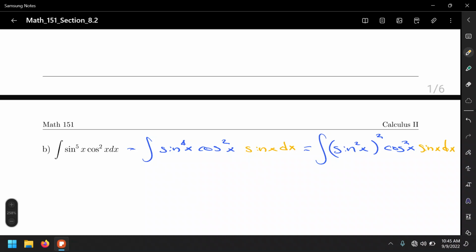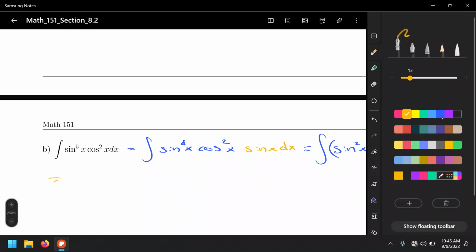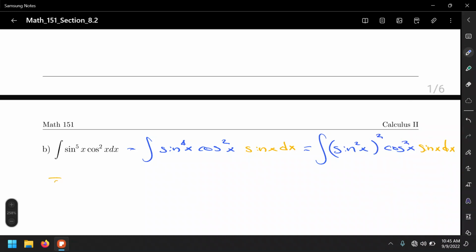Well, so the goal here is to convert all these signs right here in terms of cosine. Okay, let's keep going so you can see what I'm going to do.